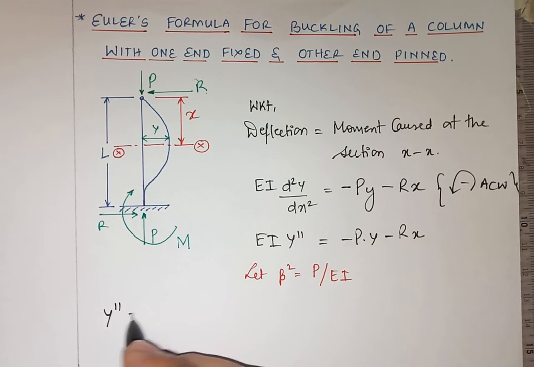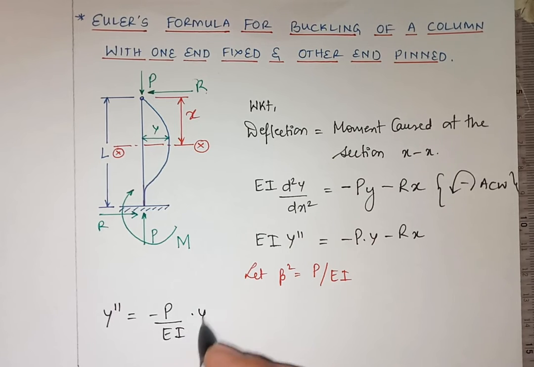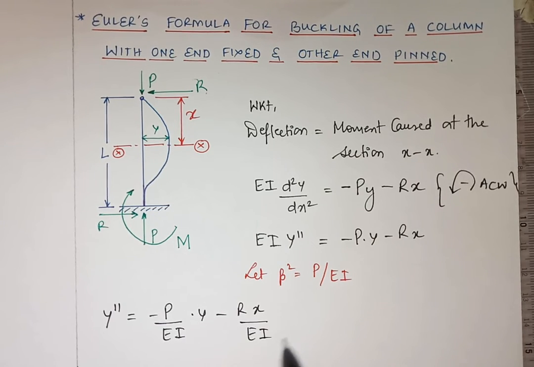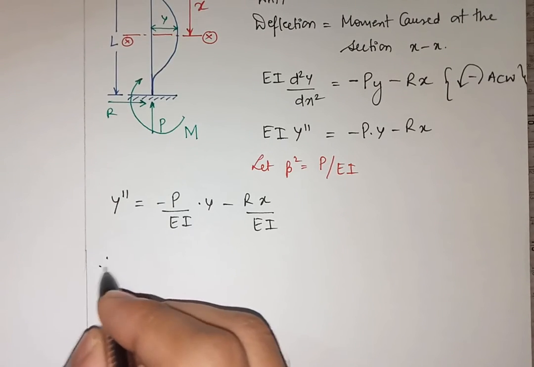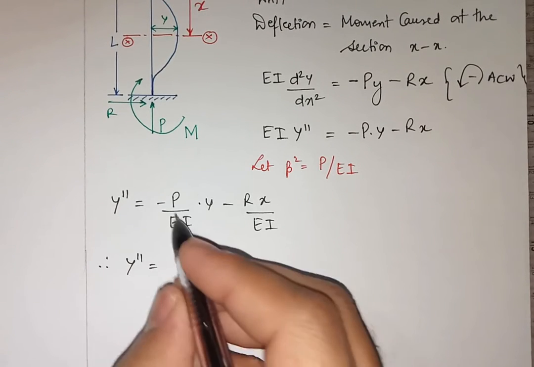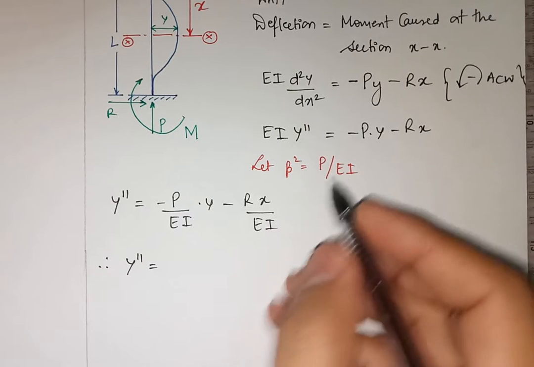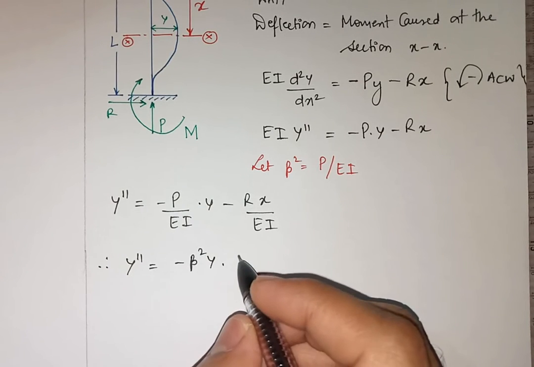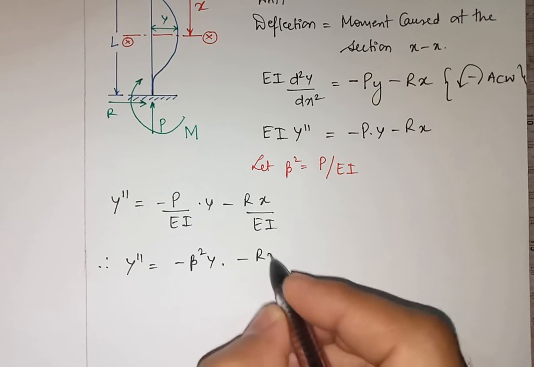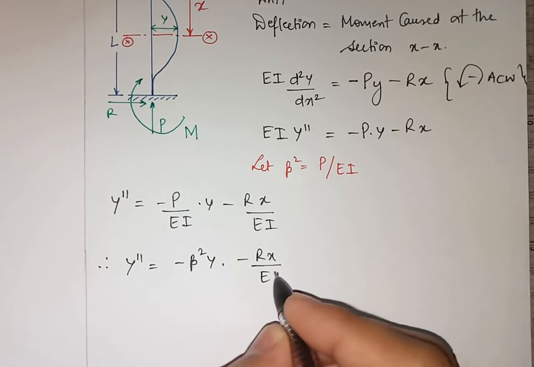So y double dash is equal to minus P divided by EI into y minus R into x divided by EI. Therefore y double dash is equal to minus beta square into y minus Rx divided by EI.